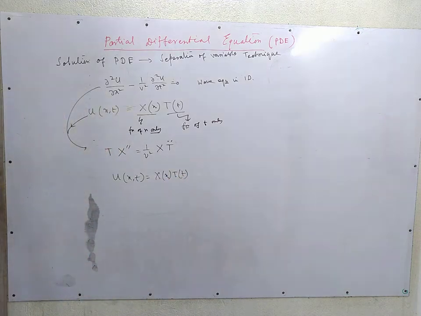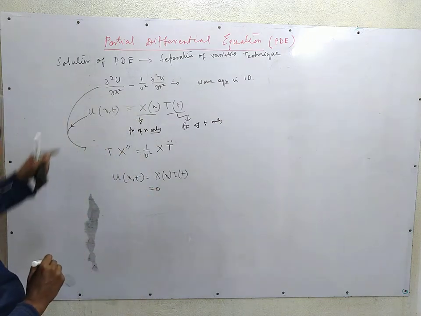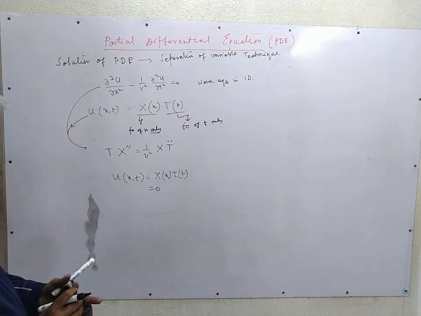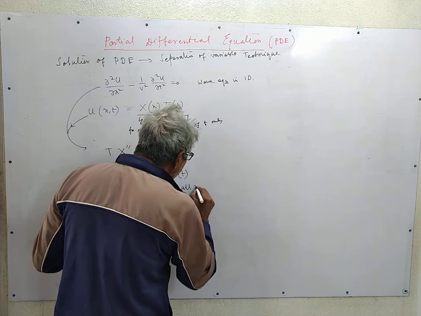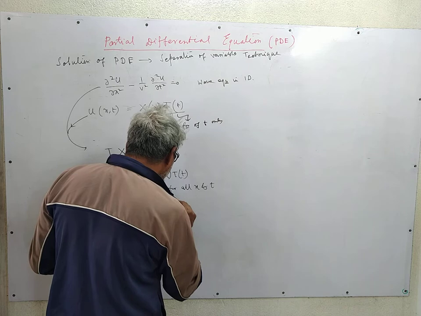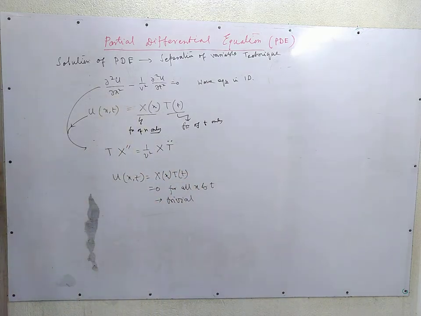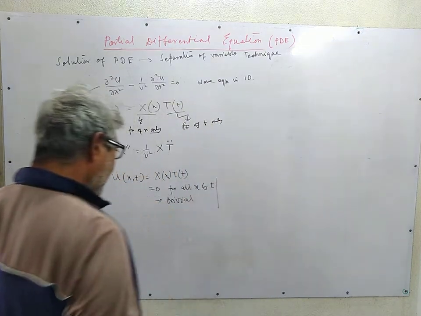A solution could be obtained in the form which is 0 always, then left hand side is 0 and right hand side is 0. So this is a solution, but this solution for all x and t is known as the trivial solution. This does not reveal any dynamics of the system and is not of interest to physics.